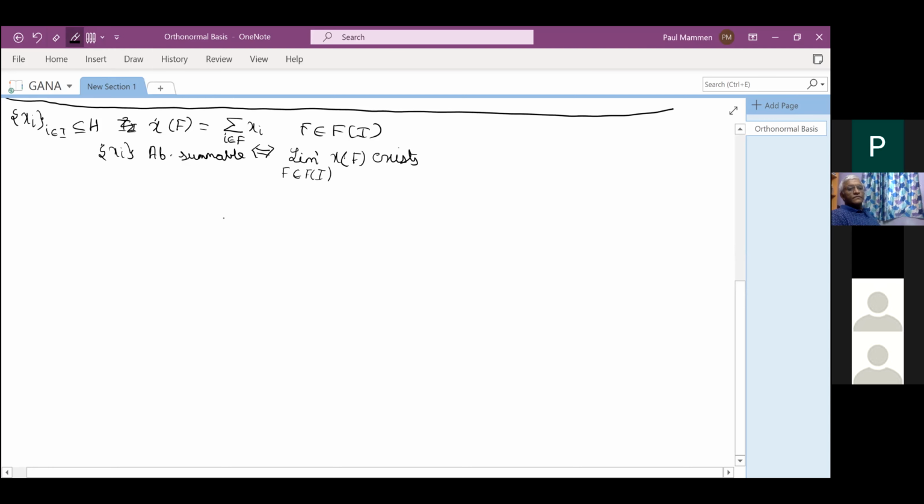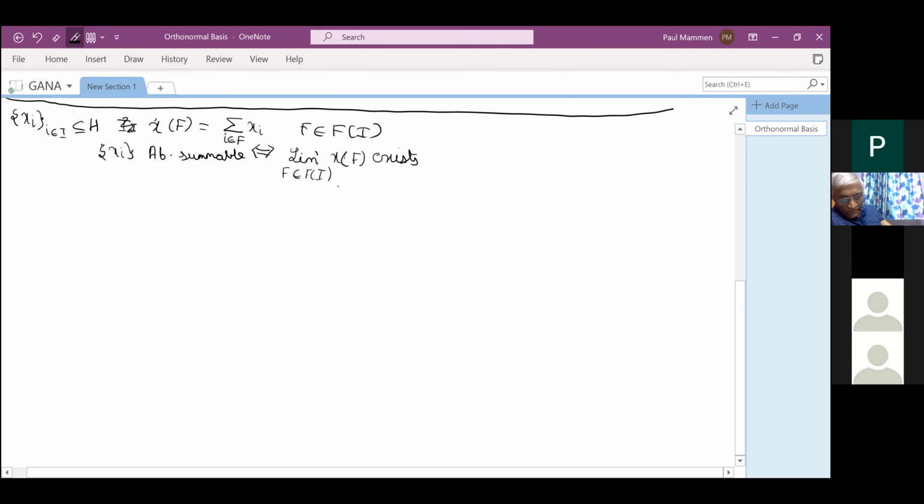The simplest thing possible in this case, since we have arbitrary sums, is to take finite sums, and if we can find the limit of those finite sums, we'll just call that the arbitrary sum. Don't you want to take some norm or something? You want to talk about absolute summability, no?